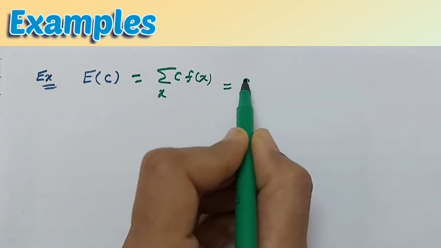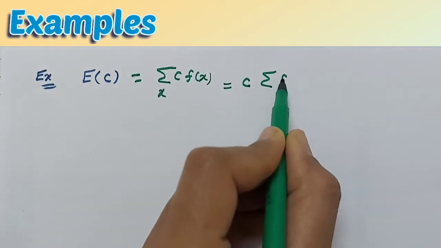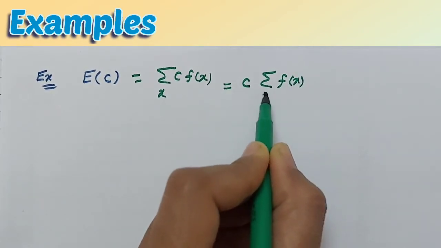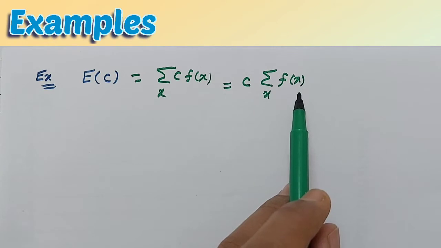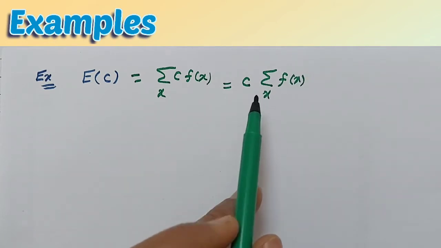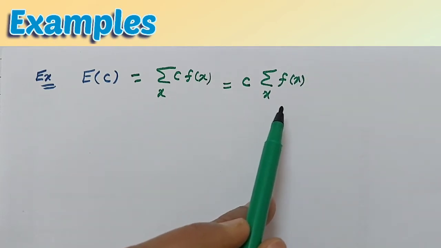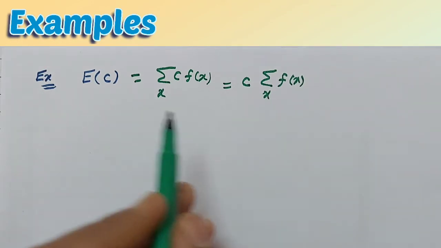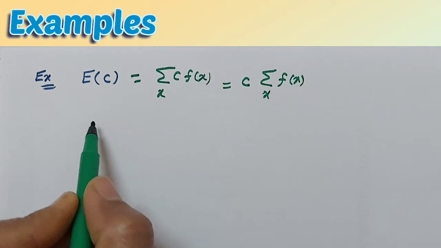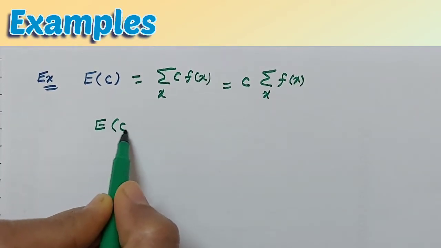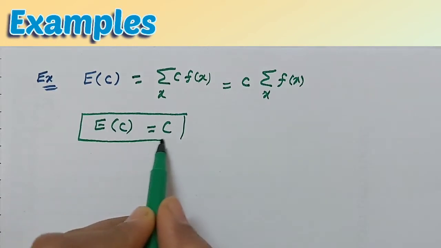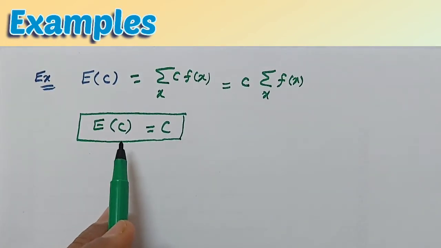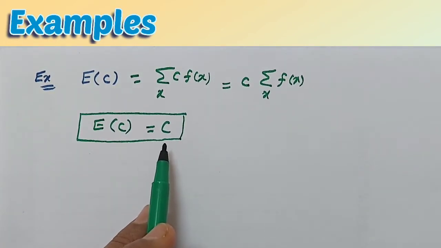If we take c outside, then it is summation of f of x over x. That means for all random values, we take the probability and their summation. So ultimately it is nothing but the total probability, and we know that total probability is always 1. That means this term is 1, so the expectation of a constant equals the constant.